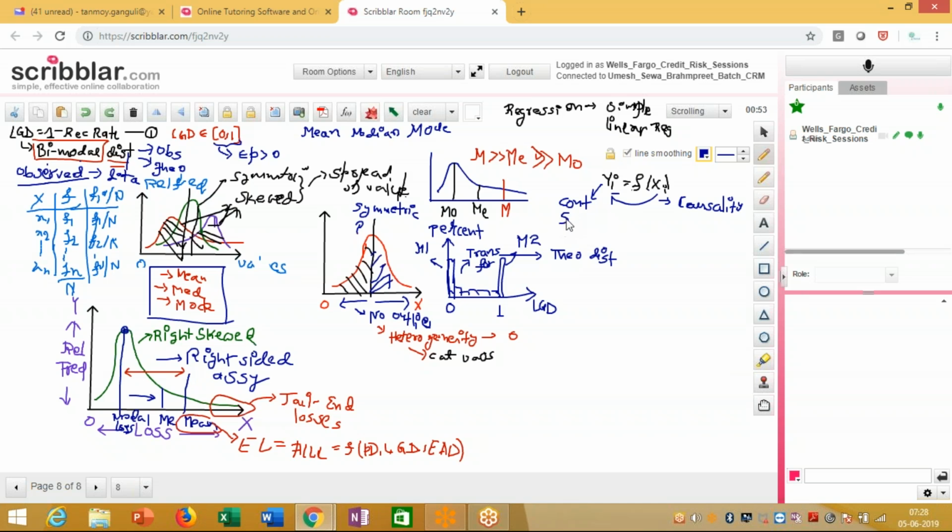So yi being symmetric clearly means that the first part is it should be continuous, and the second part is that it must be symmetric in nature.